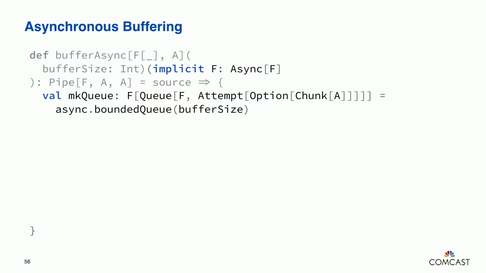And so we can define this again recursively. In this case, we end up using the bounded queue constructor from the async package in FS2, and we go and allocate this queue. Now the return type here is challenging. We get this f of q of f attempt option chunk A. The important part here is we've allocated a queue inside of this f type constructor.